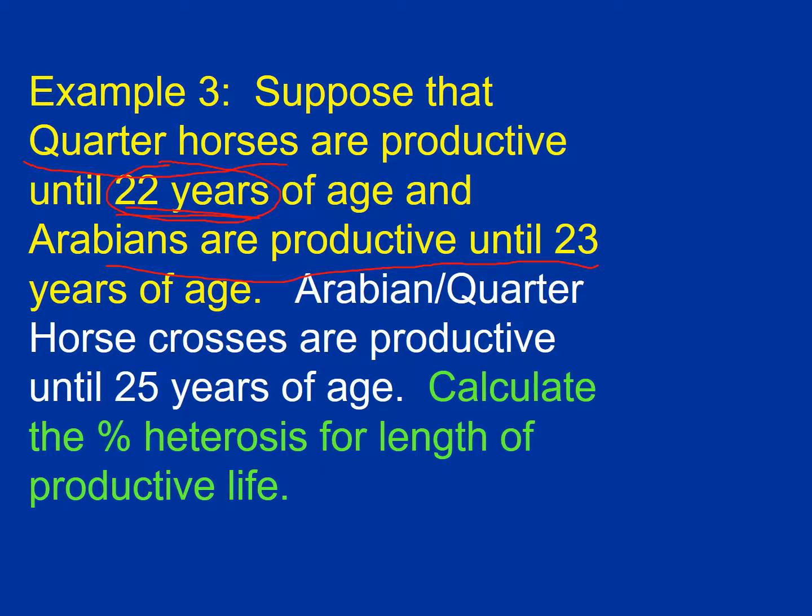We're going to make the crossbreds and find out that the cross are productive until 25 years, so we definitely have some heterosis here and a fair percentage of heterosis. So you might just hit the pause button now and calculate the percent heterosis for longevity of productive life in horses.